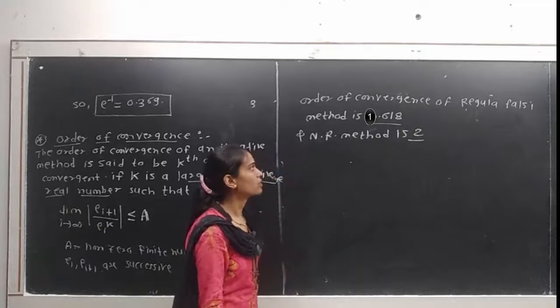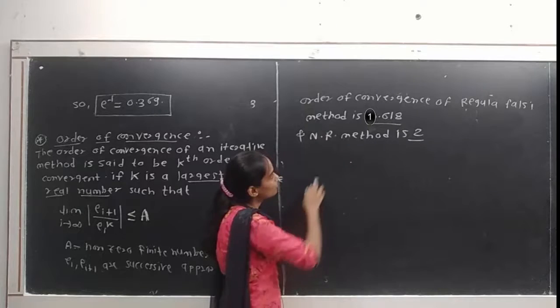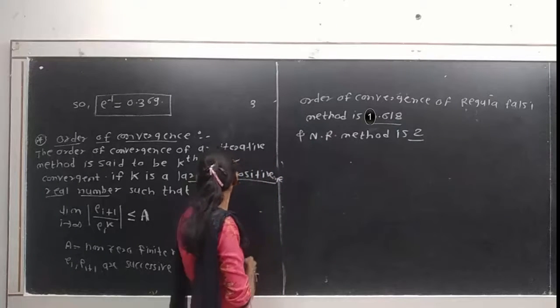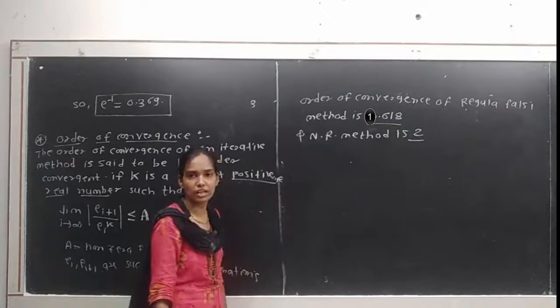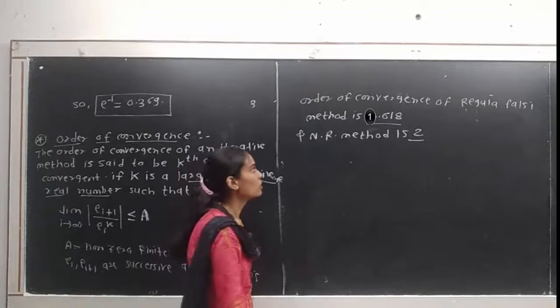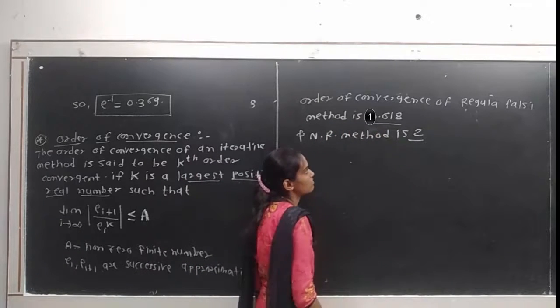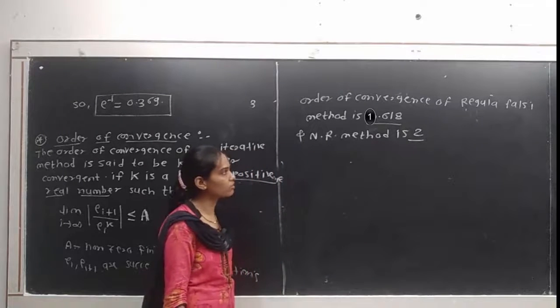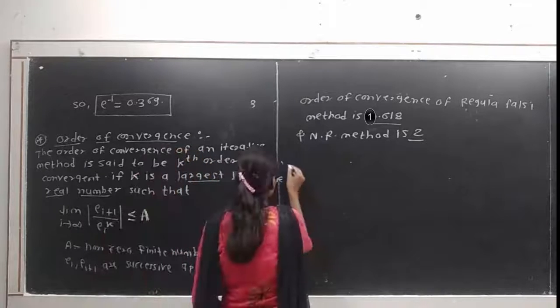So we may be asked a question in the exam on this topic, that is, the order of convergence of either the regula falsi method or the Newton-Raphson method for 1 mark. So regula falsi method rate of convergence is 1.618 and for Newton-Raphson method it is 2. Okay, then we see one example.